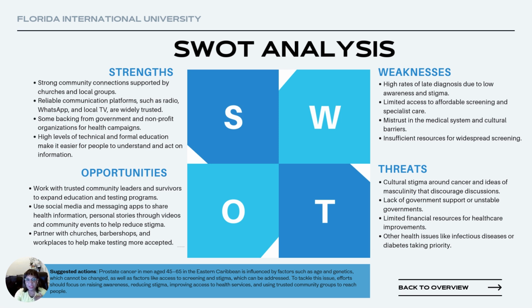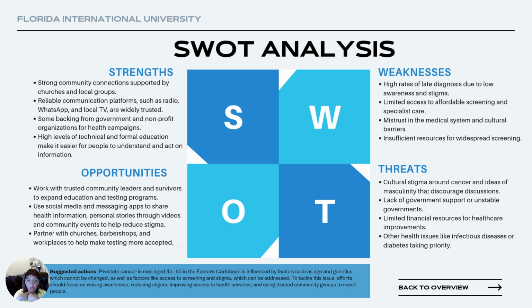And for the weaknesses, there's a high rate of late diagnosis, limited access to affordable screening, mistrust in medical systems and cultural barriers, and then insufficient resources for widespread screening.